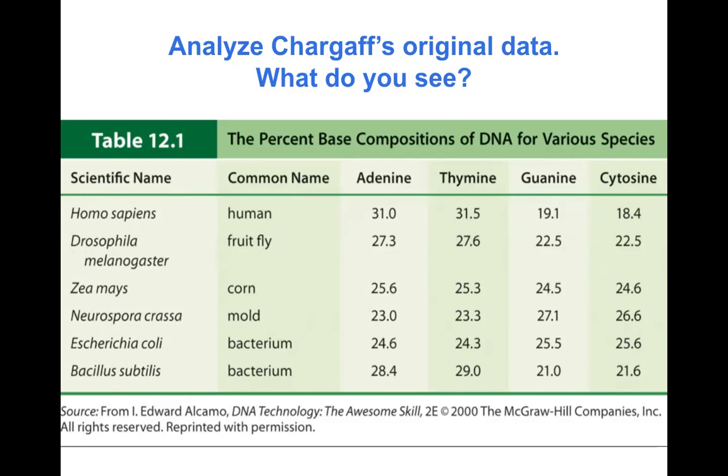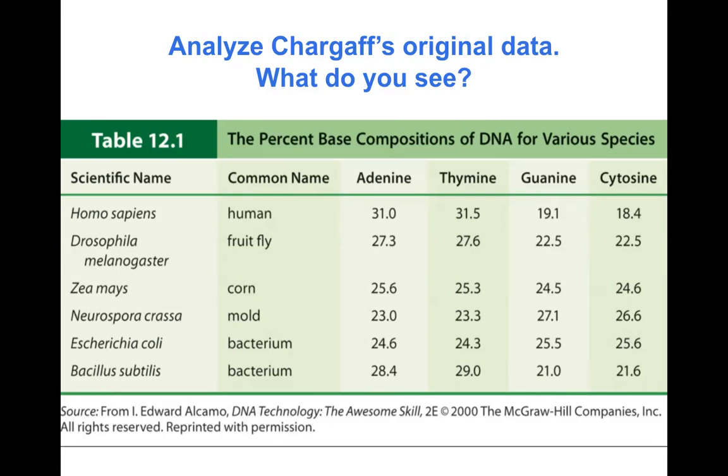And then if you follow through and look at the fruit fly, Drosophila melanogaster, they are almost equal between A and T and between G and C. Now, if you look at corn, they both have roughly 25% each of adenine and thymine, approximately 24.5 and 24.6 for guanine to cytosine. In terms of mouse, the common mouse that we know of, they have about equal amounts of adenine and thymine, about equal amounts of cytosine and guanine.